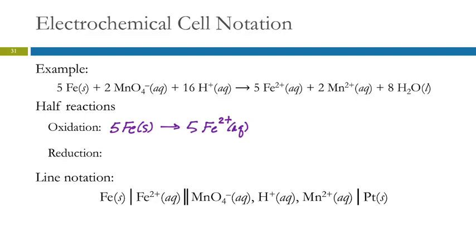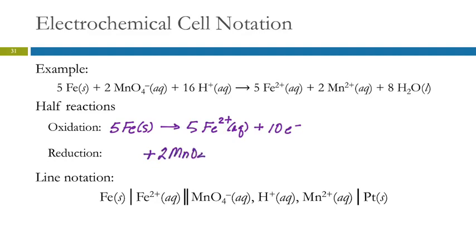So we need how many electrons over here? 10. 2 times 5. 10 electrons. Then the reduction is going to be the permanganate ion and the manganese. And I'm going to leave some space there because I know I'm going to have to put some electrons on the left side because reduction is gain of electrons.